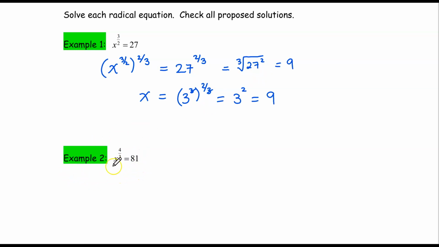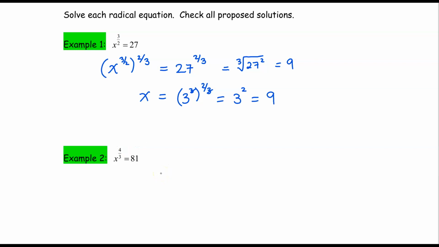Now, for the next example, we have x to the 4/3 equal to 81. Here, since the numerator is even, we will have to add a plus or minus sign to the right-hand side of the equation. So we still have to follow the steps.